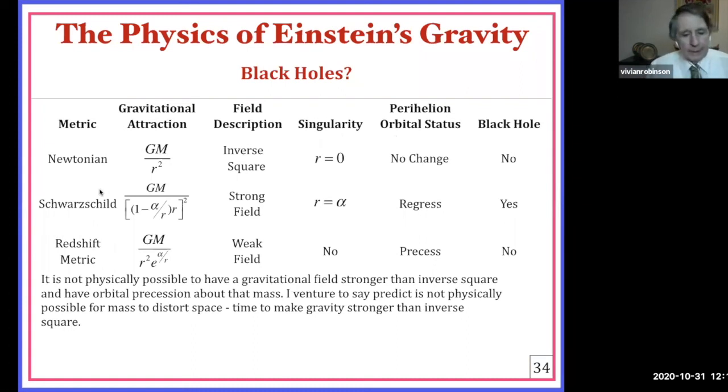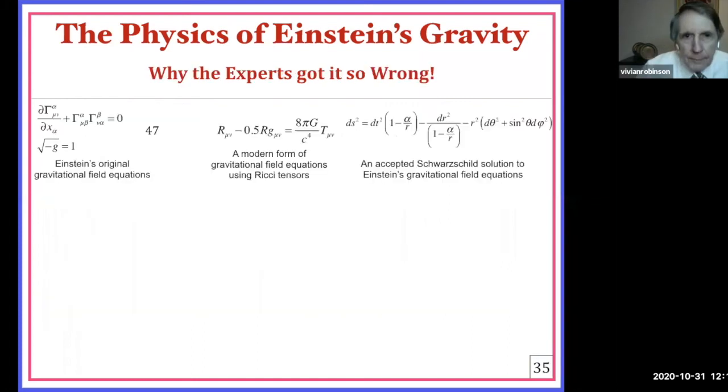I mean, after all, he did it. It is possible to mathematically derive the Schwarzschild metric from another interpretation of his approximations. After all, that has been done. But it is not possible to have both physical effects in the same approximation. You can have either black holes or orbital precession. The two are mutually physically exclusive.